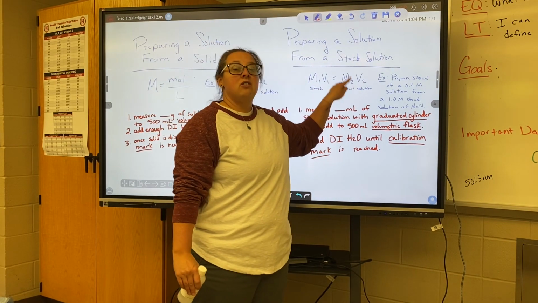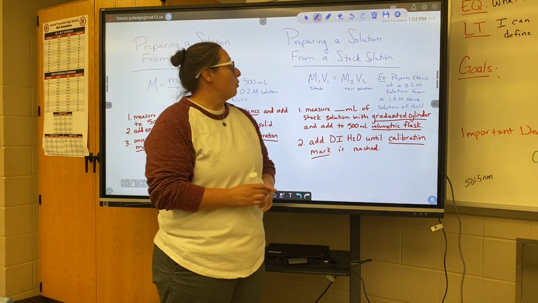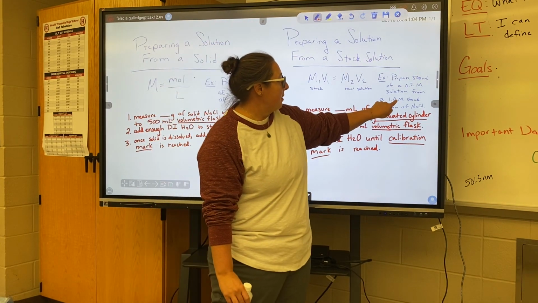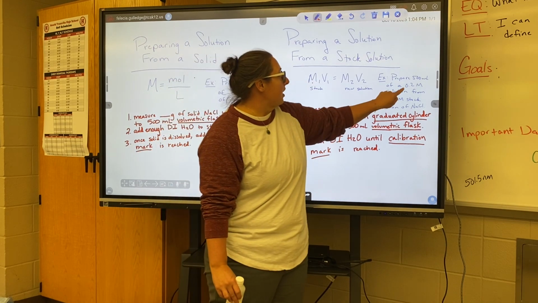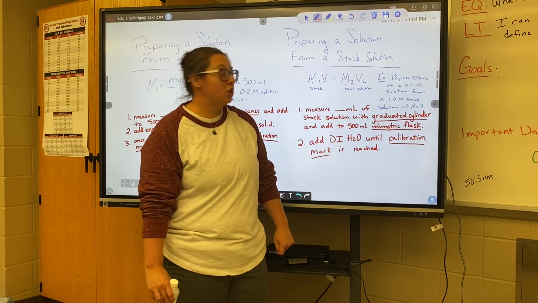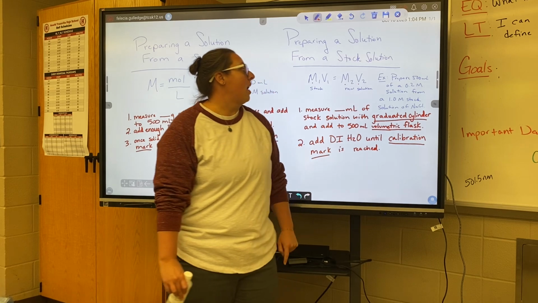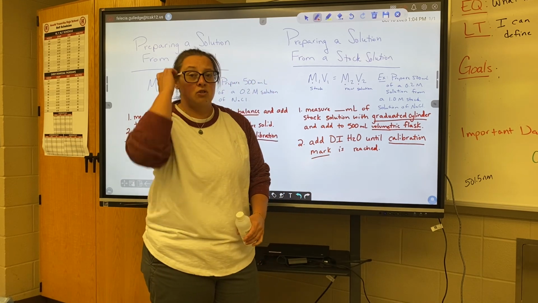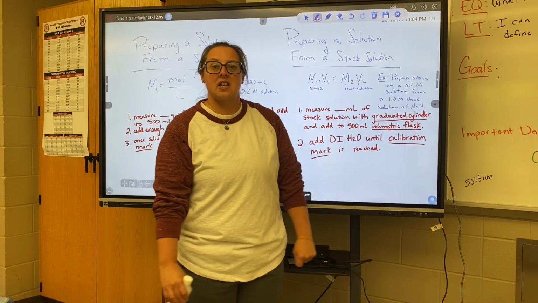This M2 V2 pertains to the new solution that we're trying to create, the second molarity and the second volume. So what we're gonna do is we're gonna plug the molarity of the stock solution in for M1. We're gonna plug the molarity for the new solution in for M2, and we're gonna put our volume of the new solution that we want to create. So that would be 500 milliliters plugged into there.